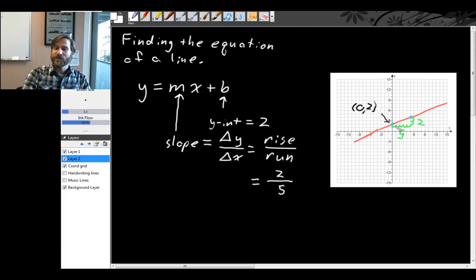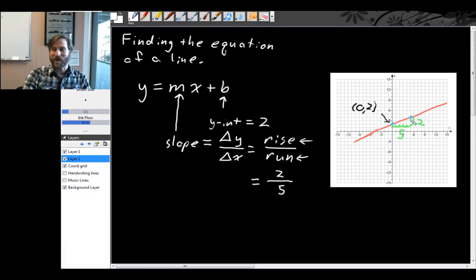Incidentally, if you move to the right, that's going to be a positive run. If you move to the left, that's a negative run. If you move upwards, that's a positive rise. If you move downwards, that's a negative rise.